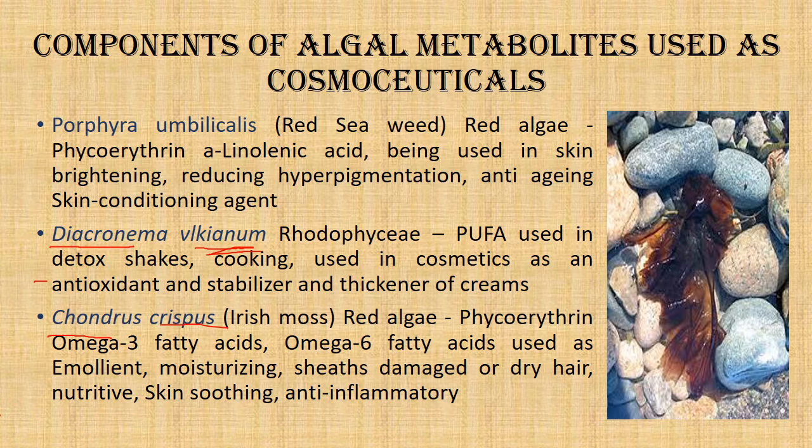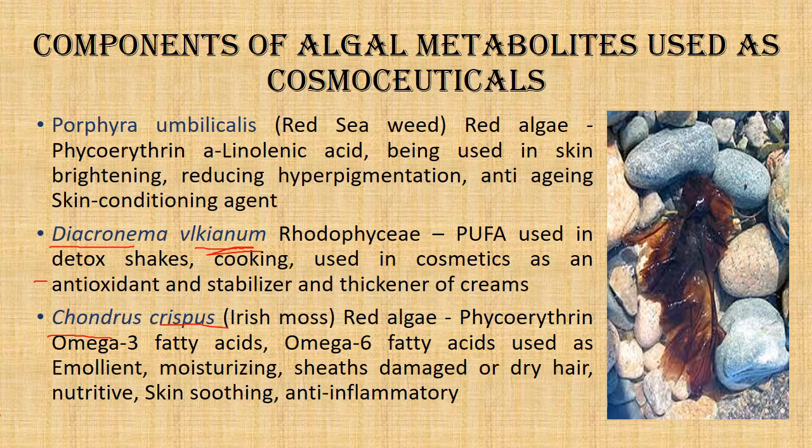So the next is the Chondrus crispus. Now Chondrus crispus also goes by the name of Irish moss. This Chondrus crispus is a very important source of carrageenan. We know that algae produce a lot of polysaccharides, and carrageenan, algin, alginate are polysaccharides that have a gelling property.